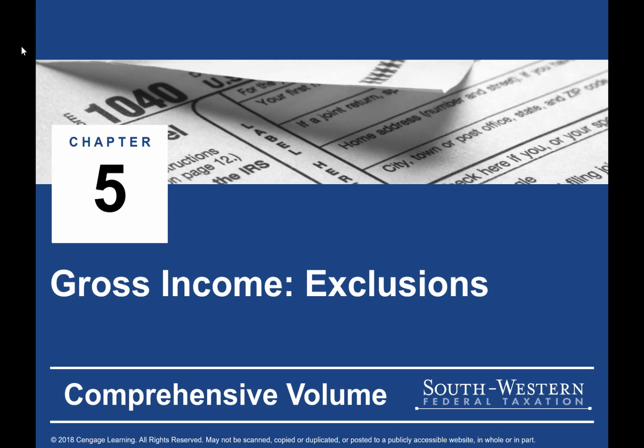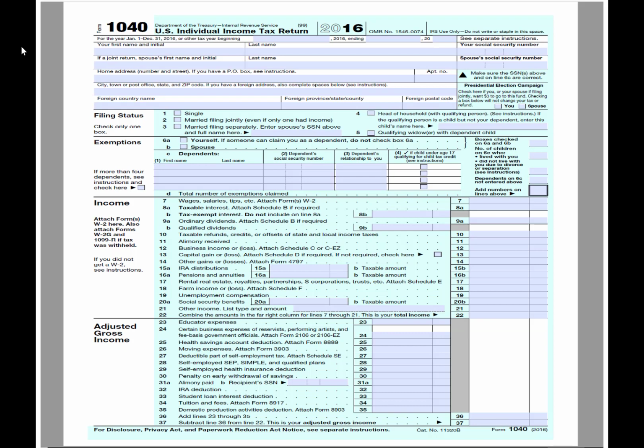And then I made the comment, yeah, but the way they include things is kind of weird sometimes. And again, we're going to continue to see that. I think the exclusions are actually a little bit more straightforward, okay? They call out specific things that we don't have to include in income. And for some reason, to me, it's easier to remember what to exclude than what to include, okay? So let's go ahead and start to take a look.